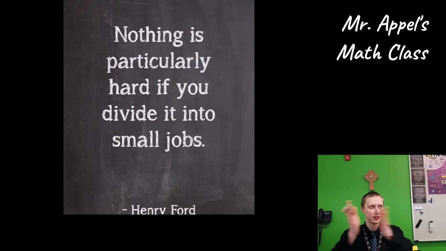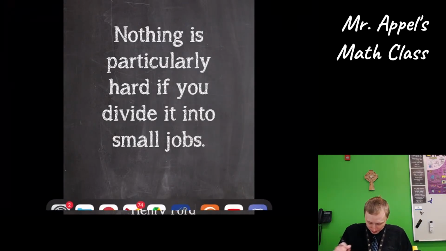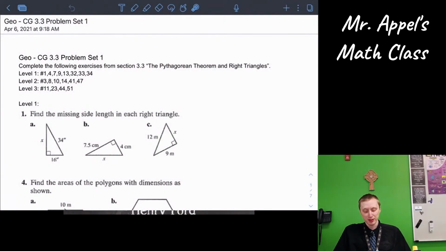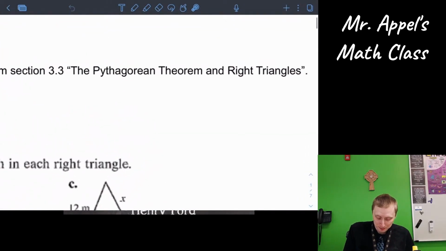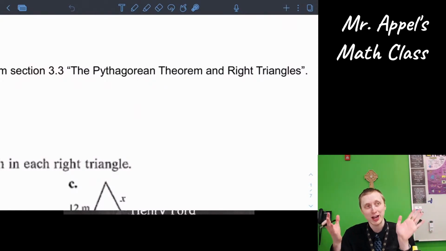Okay, awesome. So, over the weekend, you will have read about one of the most wonderful of geometric theories, the Pythagorean theorem, as well as an introduction to right triangles to go along with that, specifically some special right triangles.